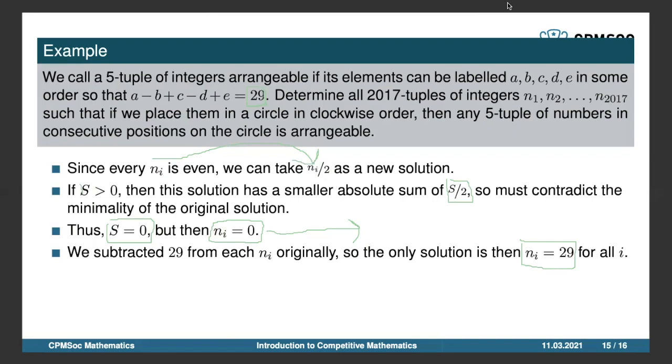If you remember, when you start at a point on the circle and go 5 steps clockwise all the time, we have to make sure we can reach every single point on the circle. So that requires the 5 and the 2017 to be co-prime. And so if you replace 5 and 2017 with any co-prime numbers where 5 is also odd, the problem will hold. So that's a generalization of the problem.